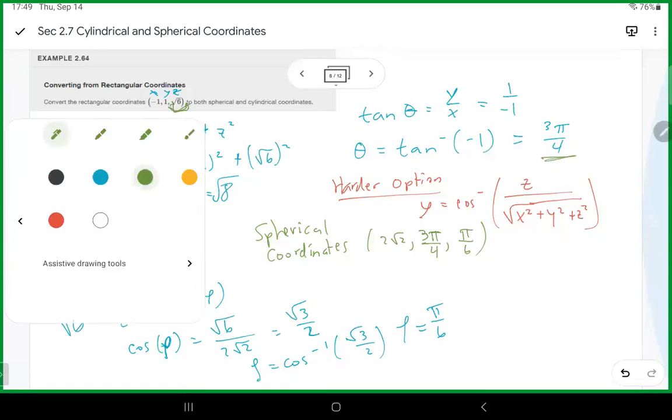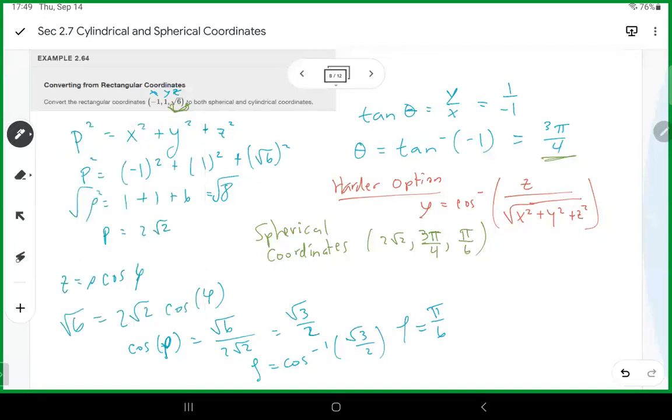So, guess we haven't used black yet. So r sine phi, and if you work all that out, r is equal to the square root of 2.